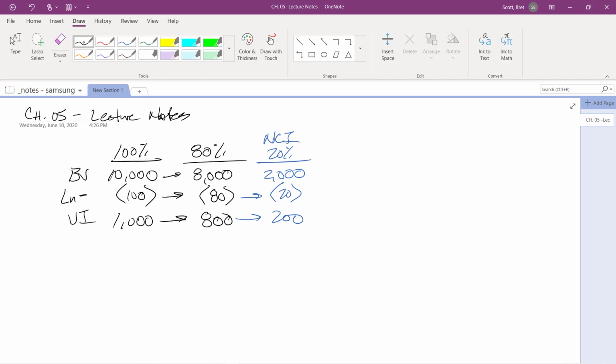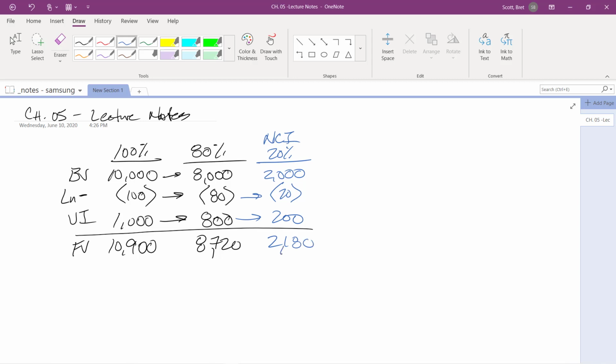Now, if that's all I really know, then what I can determine is the fair value of the net assets of the subsidiary amounts to $10,900,000. For me, that means that I have an 80% stake in that, which is 8,720, and the NCI has a claim of 2,180.